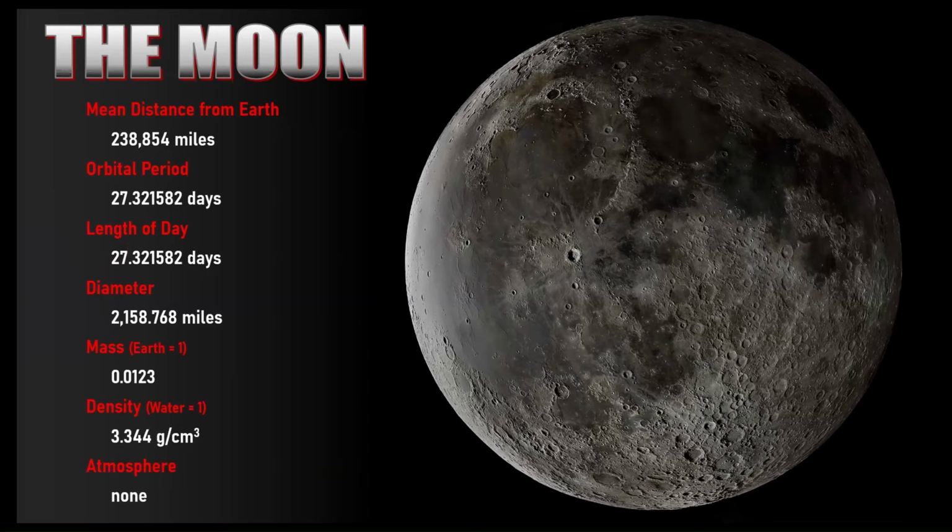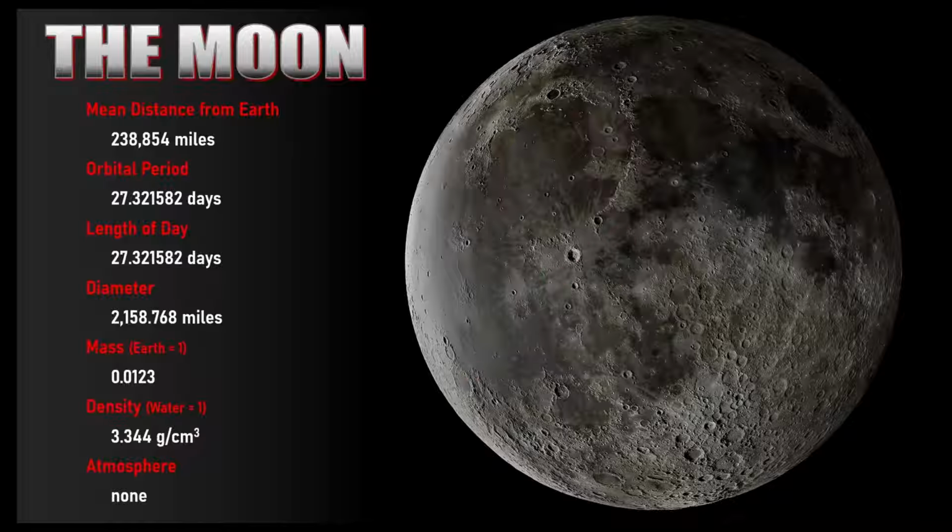Because of the Earth's gravitational influence, the moon is tidally locked in place. Now, it only has about 1.23% the mass of the Earth and a pretty low density. So that tells us it's mostly rock. And it doesn't really have an atmosphere; it does temporarily, but not really what we would call an atmosphere.